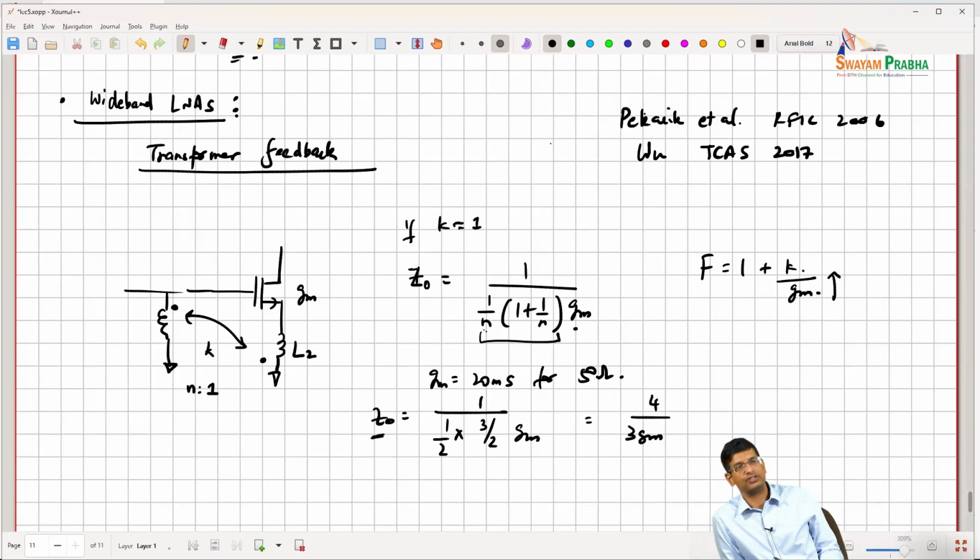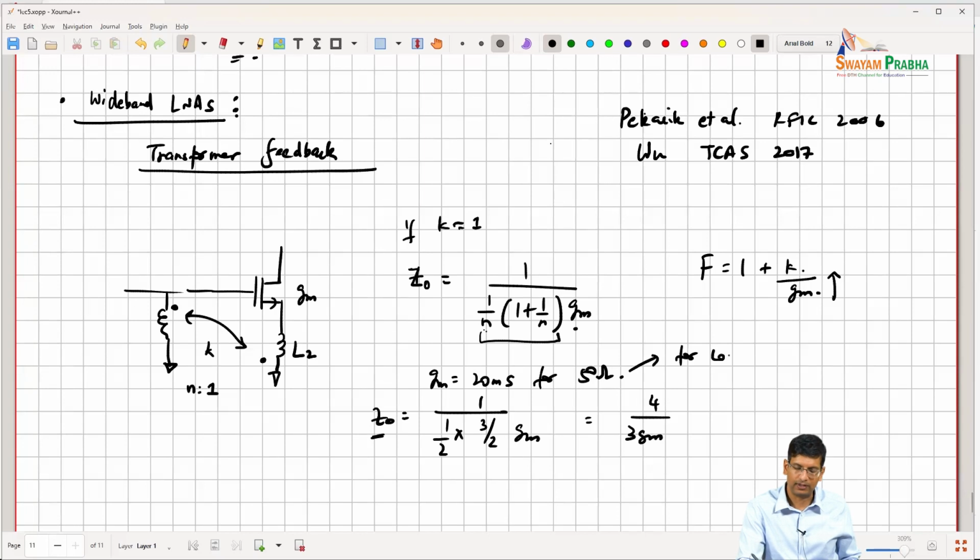So then gm can be a little bit higher than what it would be for, let's say, common gate. If I directly match to common gate, this would be true. In this particular case, the higher I make n, the higher I can make gm, and the lower I can make noise figure.